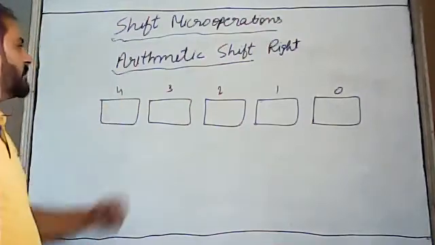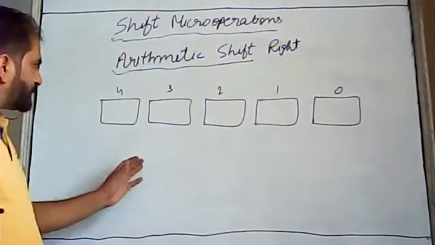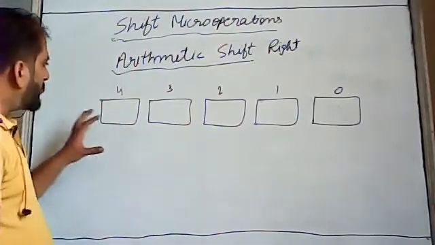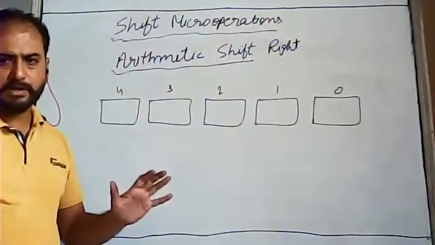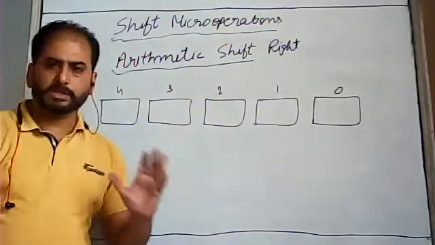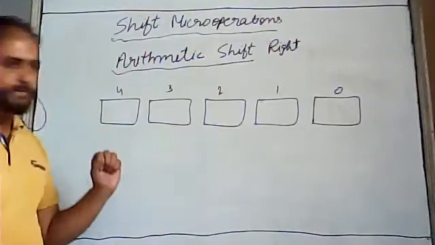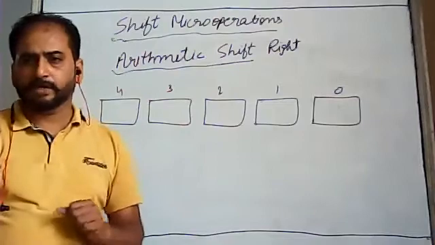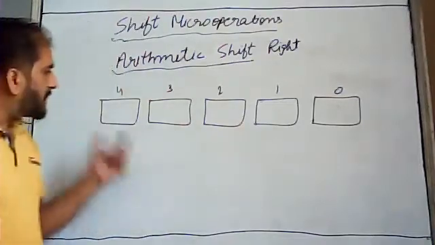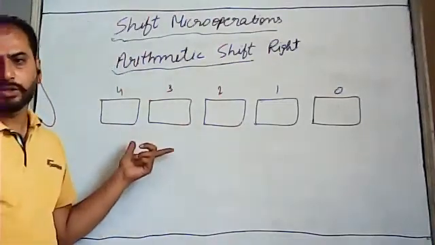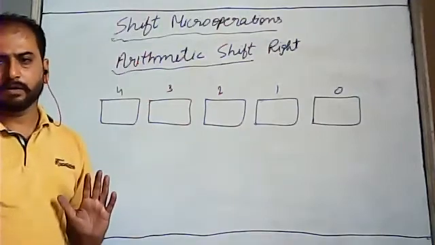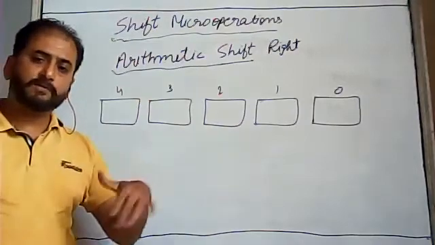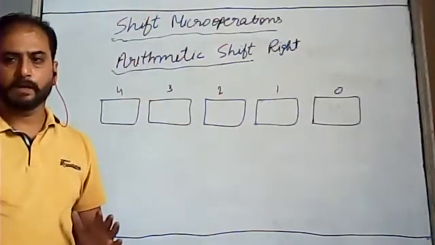In arithmetic shift, as I told you, the leftmost bit is the sign bit. If it is 0, the number is positive. If it is 1, the number is negative. Remember one thing: the sign of the number should always be the same after the shift operation.